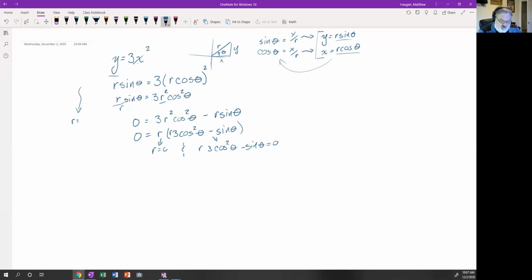We're going to focus over here. So here, your r times 3 cosine squared theta equals sine theta. I'm going to move that back over, and then just divide that stuff off. So r equals sine theta over 3 cosine squared theta.